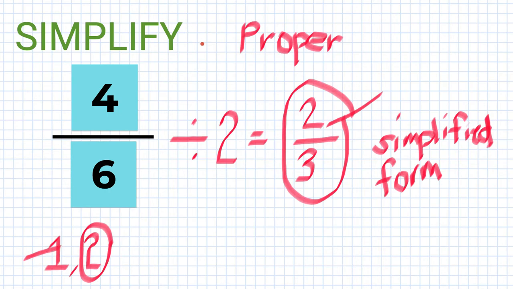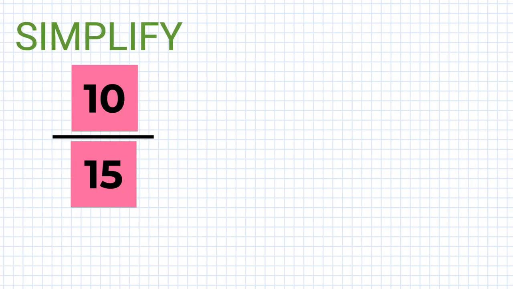So again, in simplifying a proper fraction, all you need to do is find a number that can possibly divide the two numbers, the numerator and the denominator. Next, how about 10 over 15? Can we find a possible number that can divide both 10 and 15? 1 is possible, but we will not use 1.